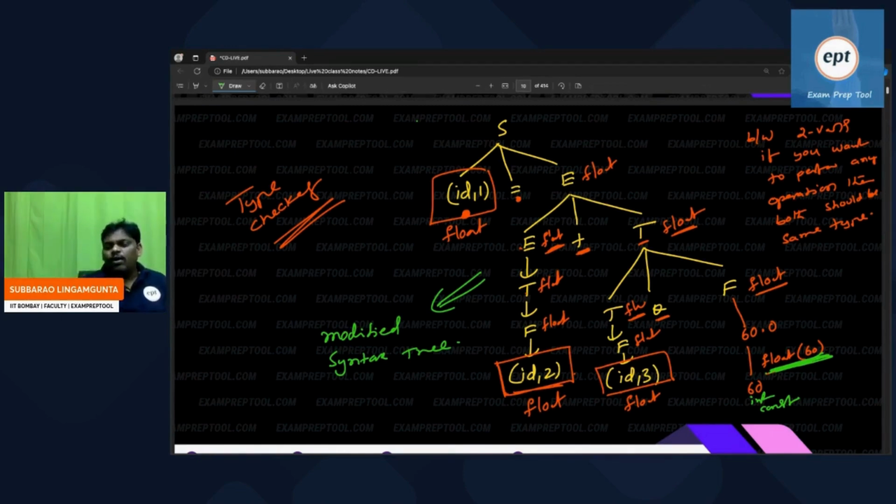Can you say, out of all these three people, who bothers about types? It is a very important question. Who will take care about types?